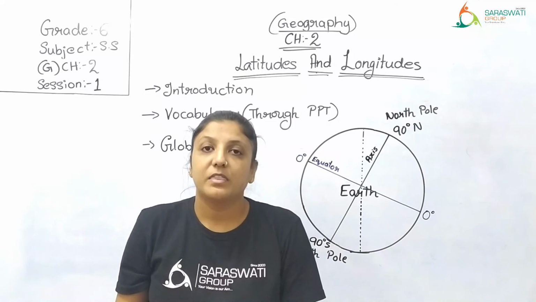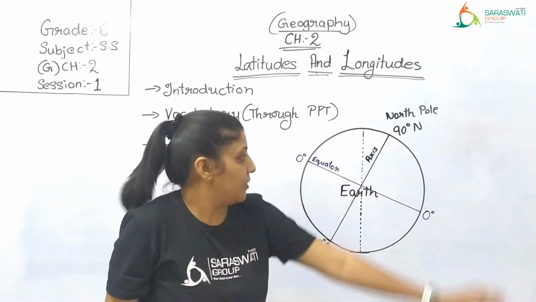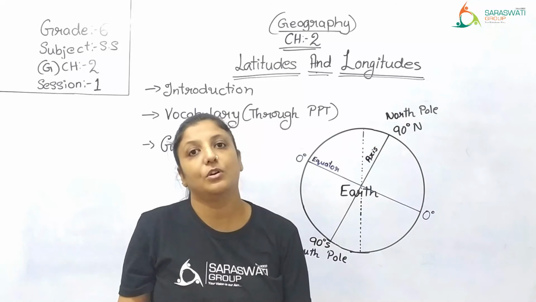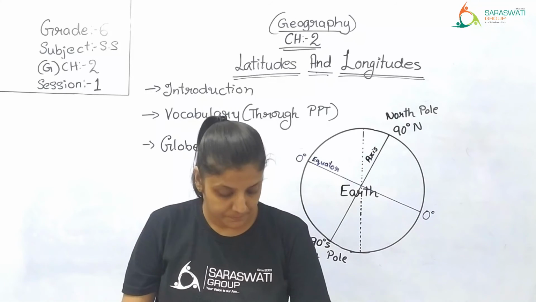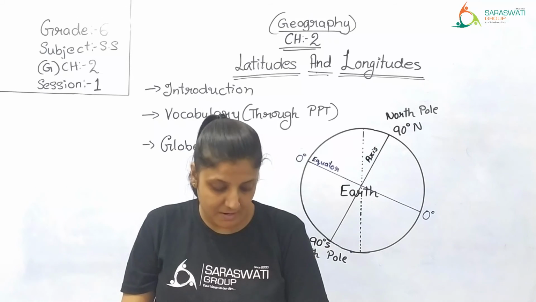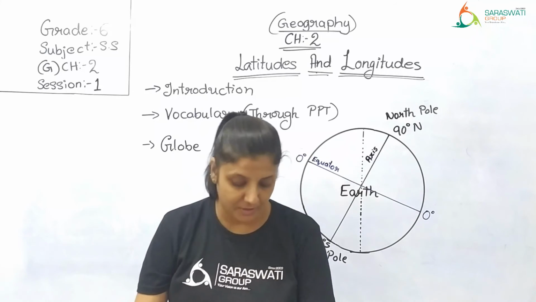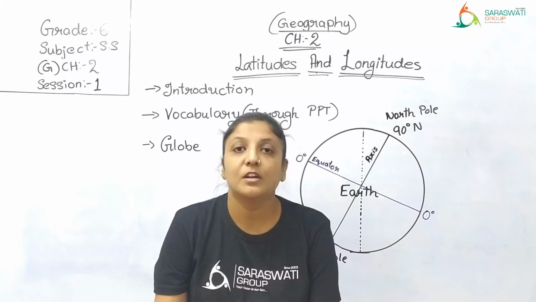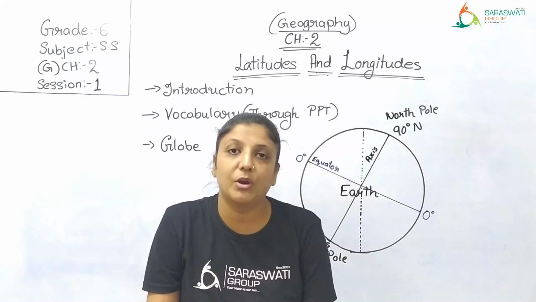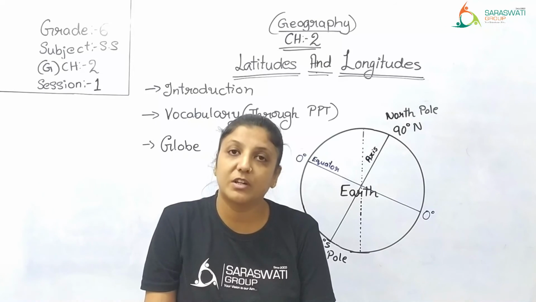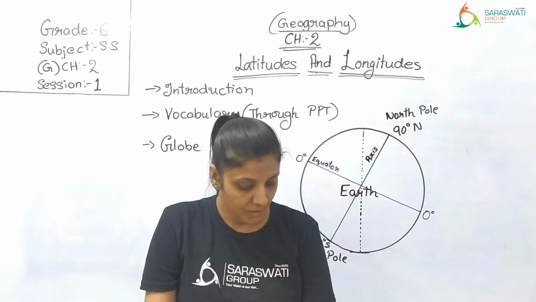Hemisphere is half of the sphere. Full circle is a sphere and half of the sphere is called a hemisphere. The part of the earth that lies to the north of the equator is called northern hemisphere, and the part of the earth towards the south of the equator is called the southern hemisphere, which you have already known.